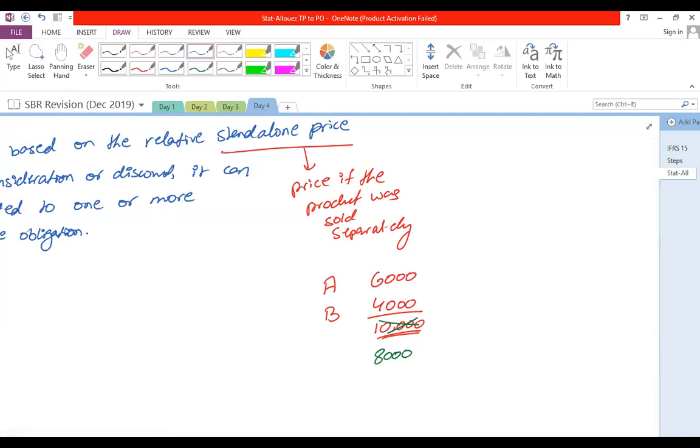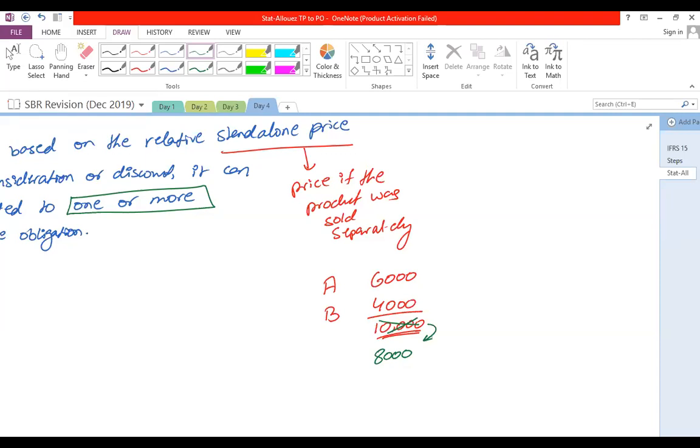Now, how should we allocate the discount? The standards say that we can allocate it to one or more performance obligations, which means that maybe we have given the discount because of product A only. Usually, when does a company give a discount? The company gives the discount when one product is a running product and the other is not.